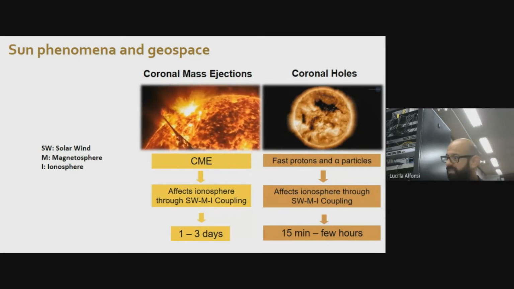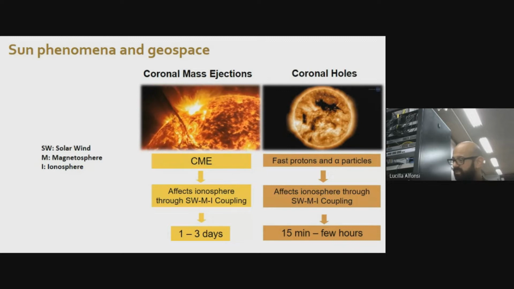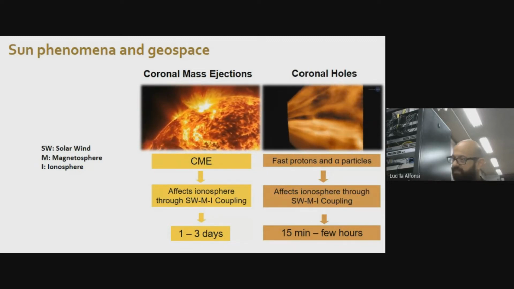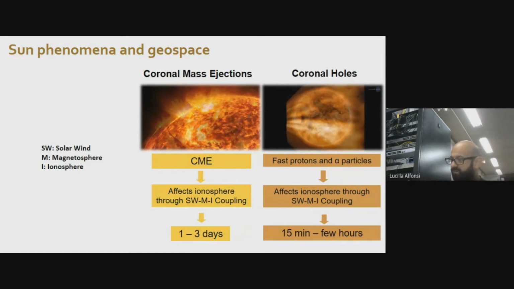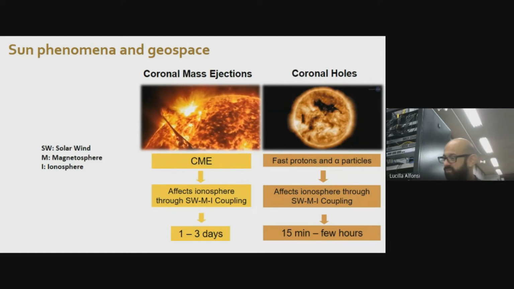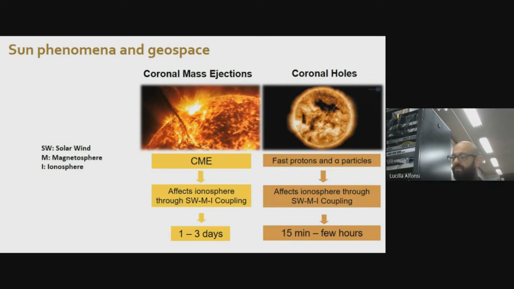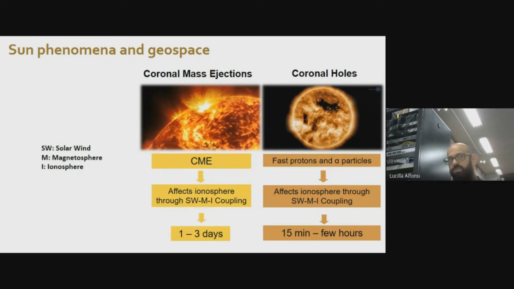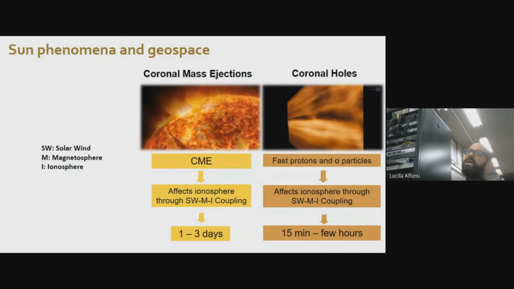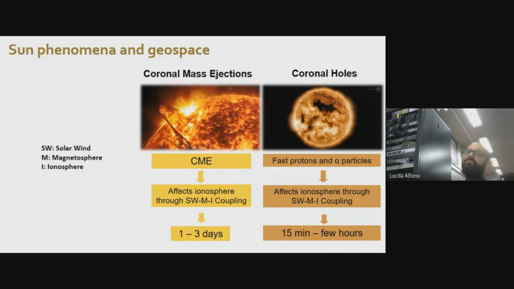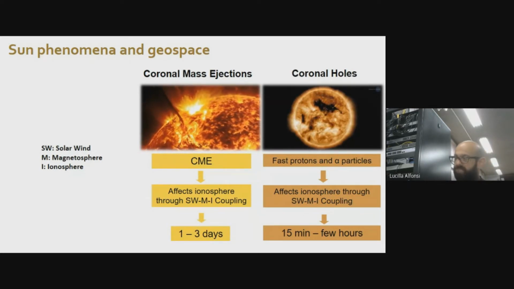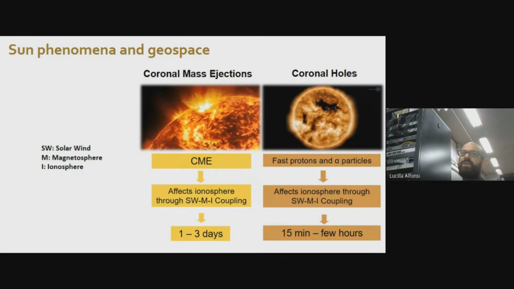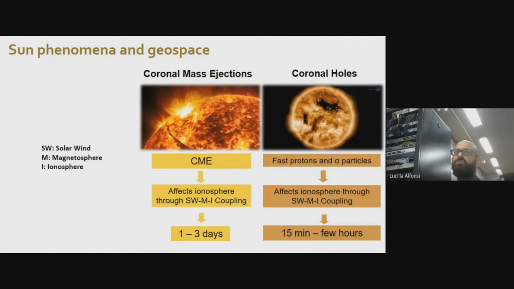And then we have the coronal holes, that are an anomaly, let's say, in the sun magnetic field that produces the release of fast protons and alpha particles that again affect the solar wind, magnetosphere, ionosphere coupling. Being very fast particles, they can reach the Earth in a time that varies from a few minutes to a few hours.